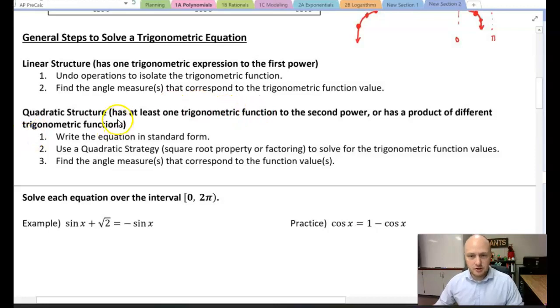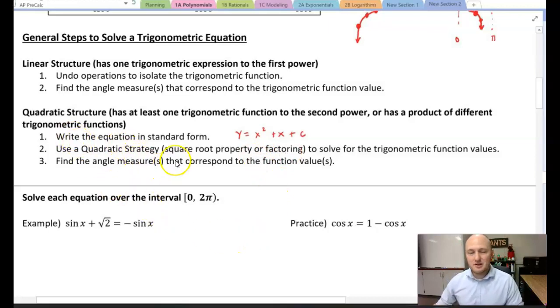The quadratic structure is when you have at least one trigonometric function to the second power, or a product of different trigonometric functions. When we have multiple different trig functions in the same equation, or one has a power of 2, you're going to write the equation in standard form, which will look similar to y equals x squared plus x plus c, some constant, and you're going to use a quadratic strategy.